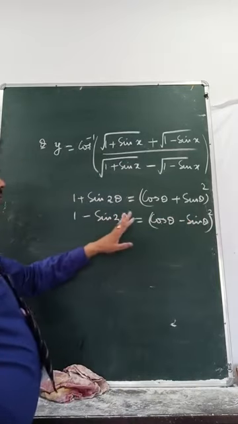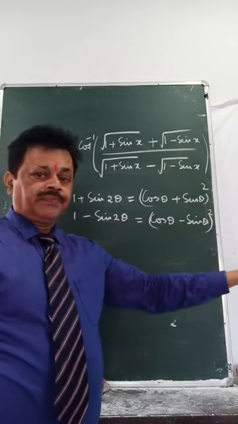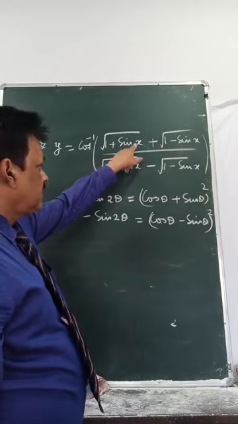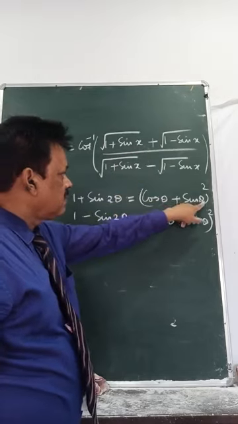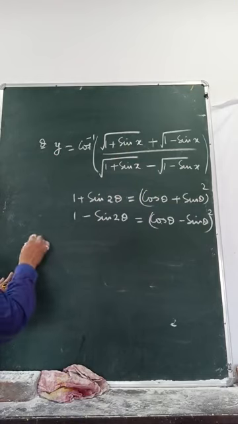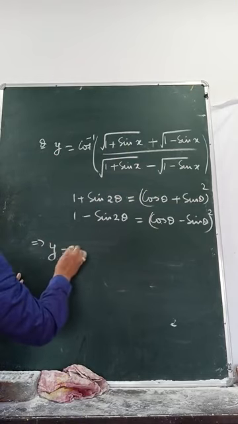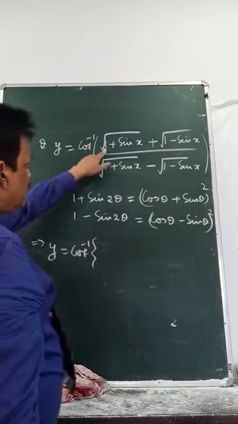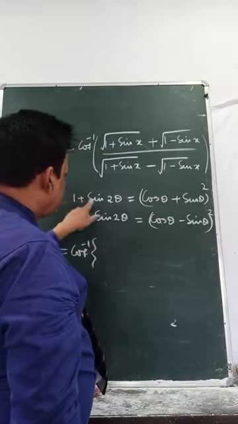These are all background of your class 11. So 1 plus sin 2 theta form becomes half angle, meaning it will be x by 2 form.